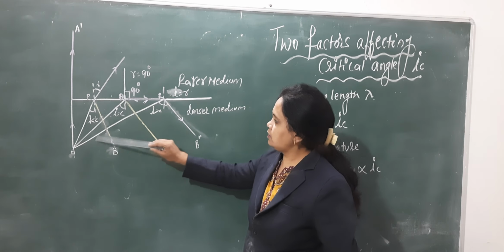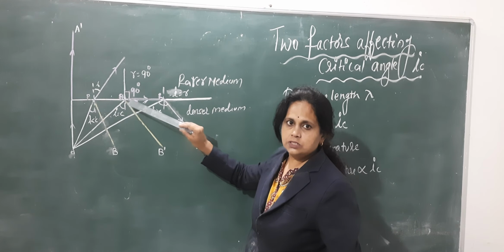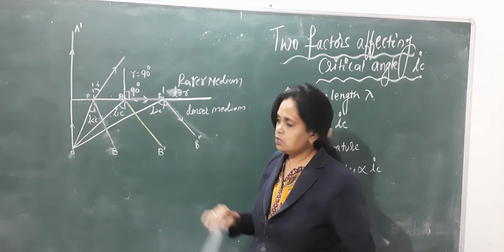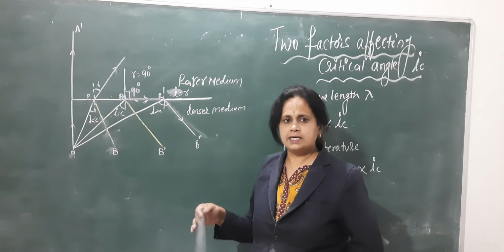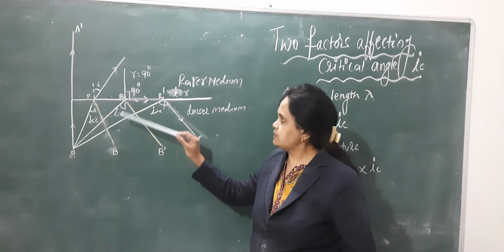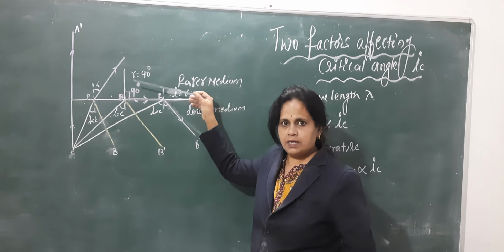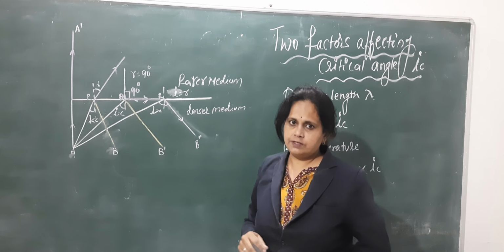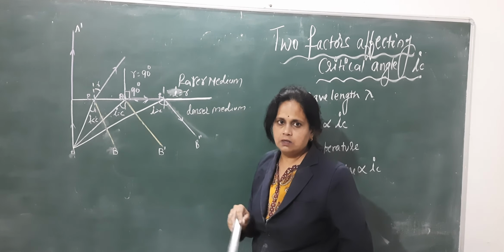Here this condition we understood, it is the critical angle condition, that means the angle of incidence is in critical situation. So I becomes C, or we note it as iC also. That means above, in the rarer medium, the refracted ray is making 90 degrees with the normal, and simultaneously below, the angle of incidence becomes critical. This is the critical angle situation.